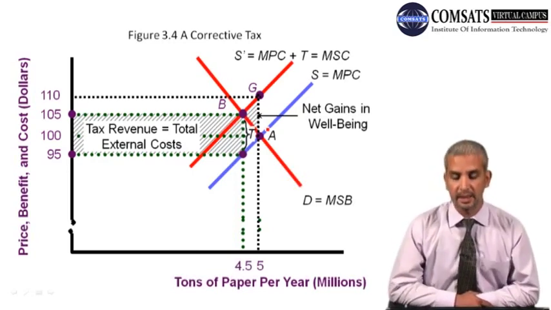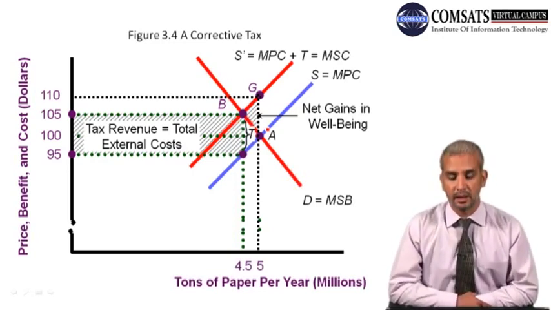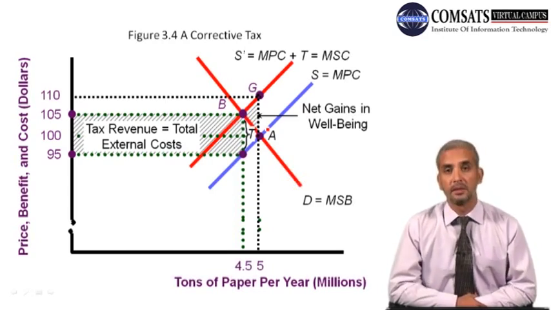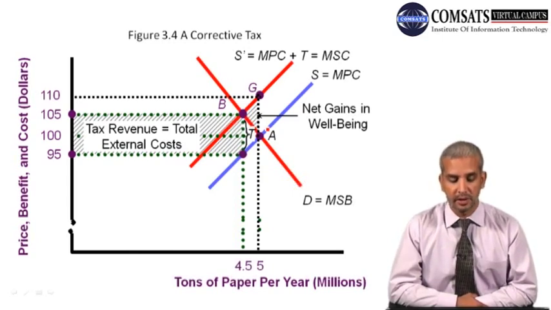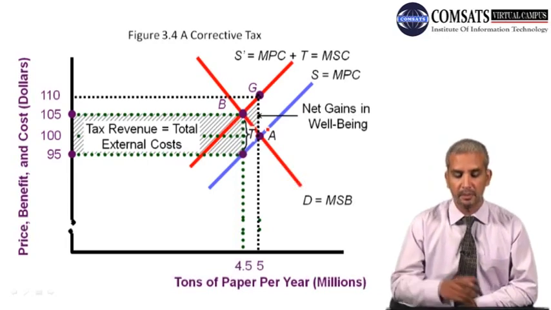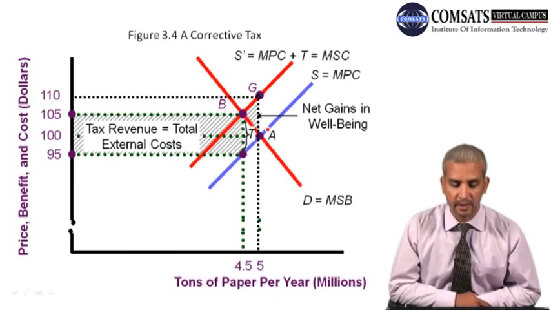Now in this case, there is a net gain in well-being. The area represented by the triangle G, B and A represents the net gain in well-being to the society as a whole. Plus, with this tax there is an added advantage of tax revenue, which is equal to total external cost, and that is represented between 105 and 95 and between point A, and represented by a T in parentheses.